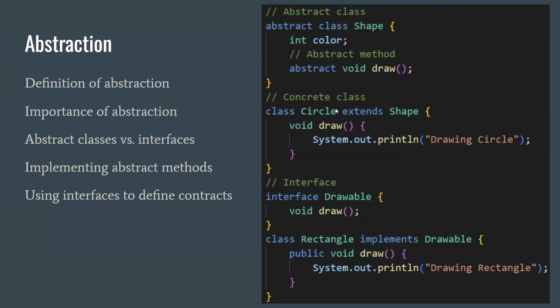If we look at the interface, we have a drawable interface that defines a draw method, and this must be implemented by any class that implements it. So if we look at this rectangle class, we can see that the rectangle class implements drawable and provides an implementation for the draw method.